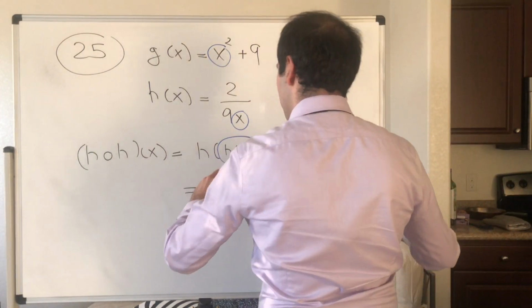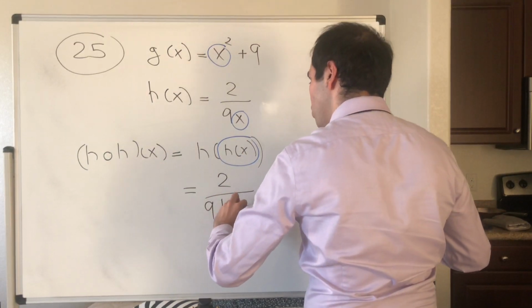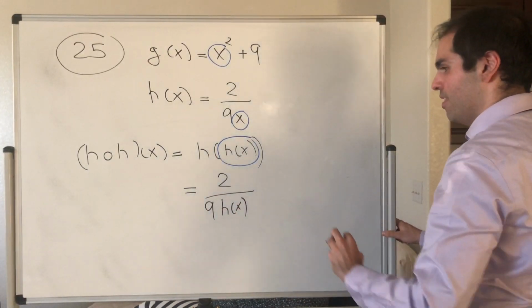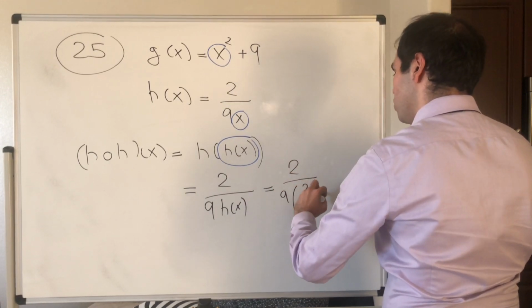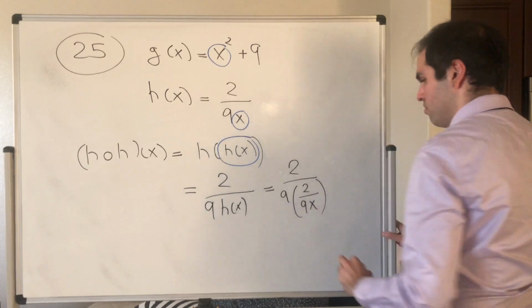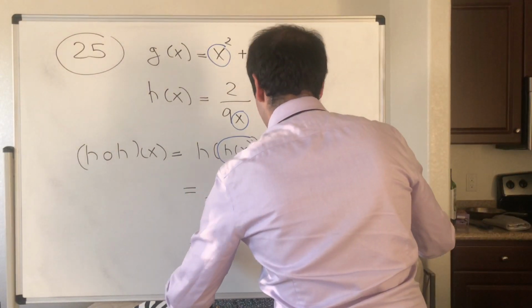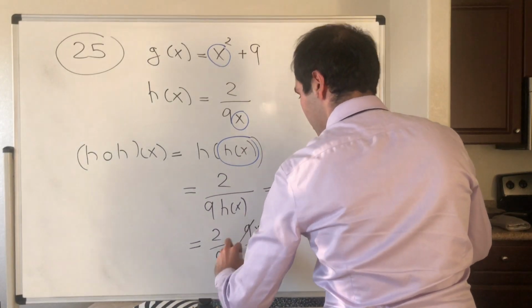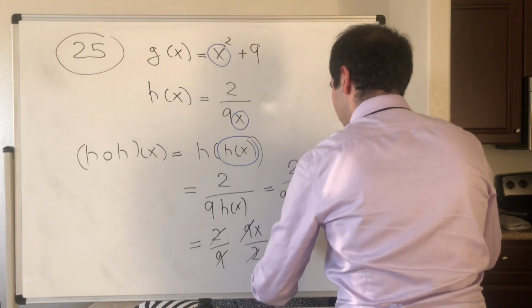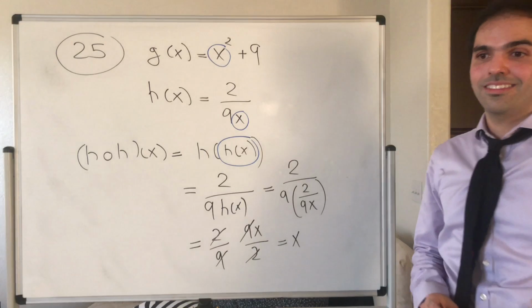So this becomes 2 over 9 times h of x, which becomes 2 over 9 times 2 over 9x. And again, you can flip it, so that becomes 2 over 9 times 9x over 2. This cancels out, and you get x. So if you do h twice, you get x.